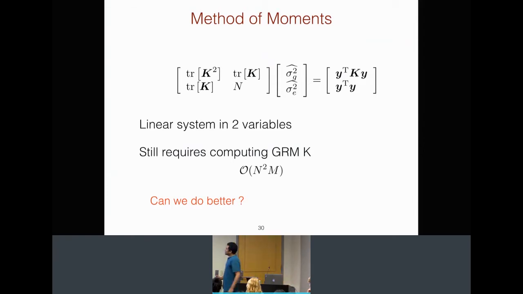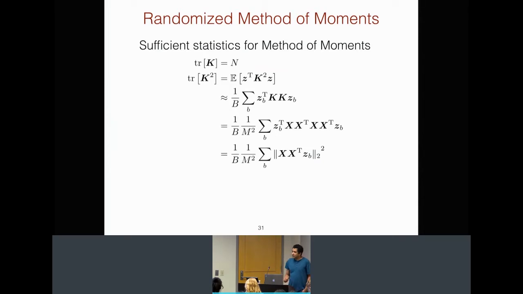The main observation is that we don't need to compute the GRM. We only need to compute the traces of the GRM and the square of the GRM. We only need these two numbers, and so we're going to approximate them. This leads to the randomized method of moments estimator. The basic idea, a linear algebra trick, is that if you want to approximate the trace of a matrix, there is what's called a randomized estimate of the trace.